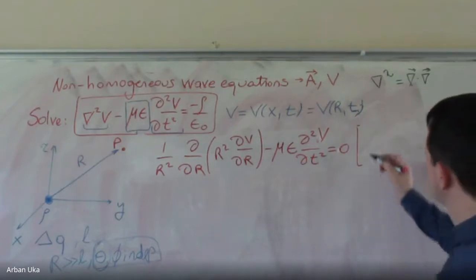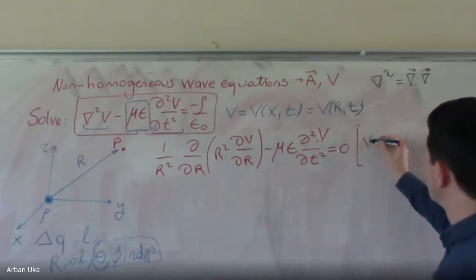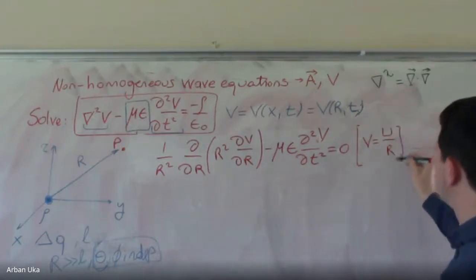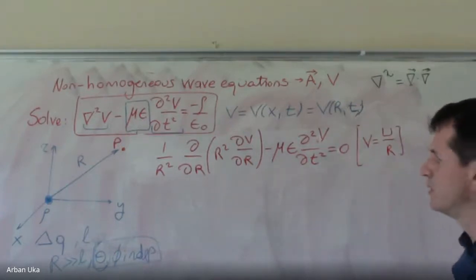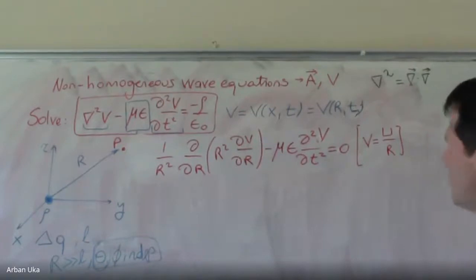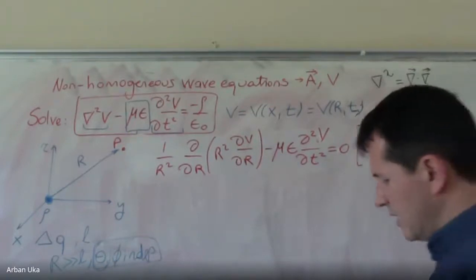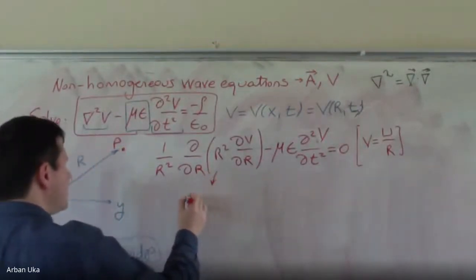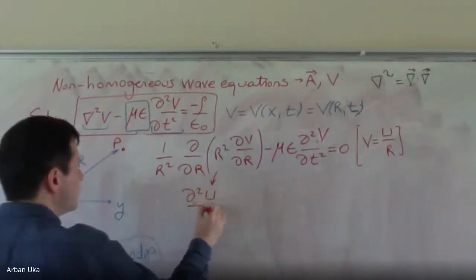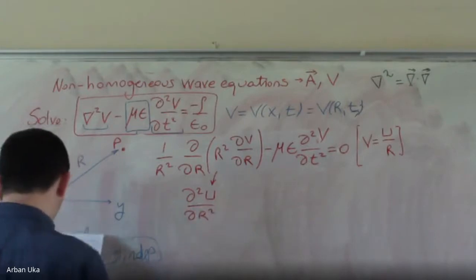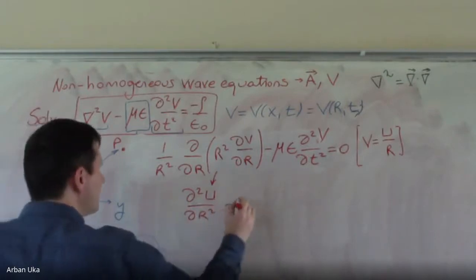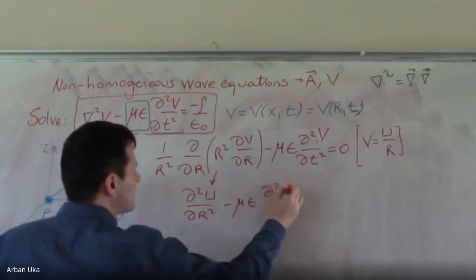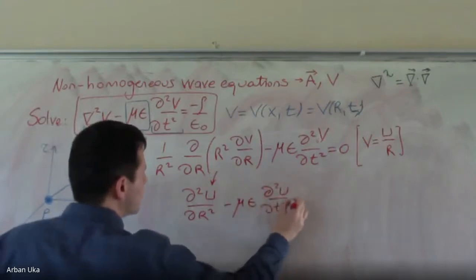We assume that this V we write as u over r. Okay, so we define a new variable u. And in this new variable, this equation is simplified as the second derivative of u with respect to r squared minus permeability times permittivity times the second derivative of u with respect to time.